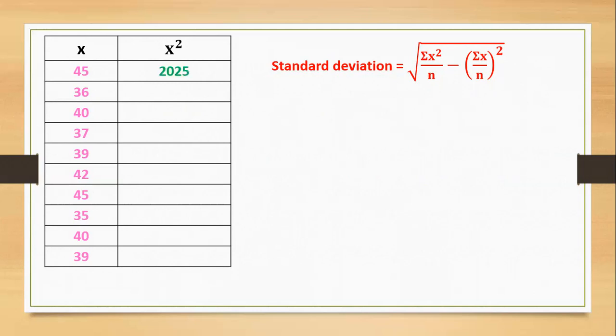First, 45 square value is 2025, and 36 square value is 1296, 40 square value 1600, 37 square value 1369, and 39 square value 1521, and 42 square value 1764, and 45 square value 2025, and 35 square value 1225, and 40 square value 1600, and then 39 square value 1521.